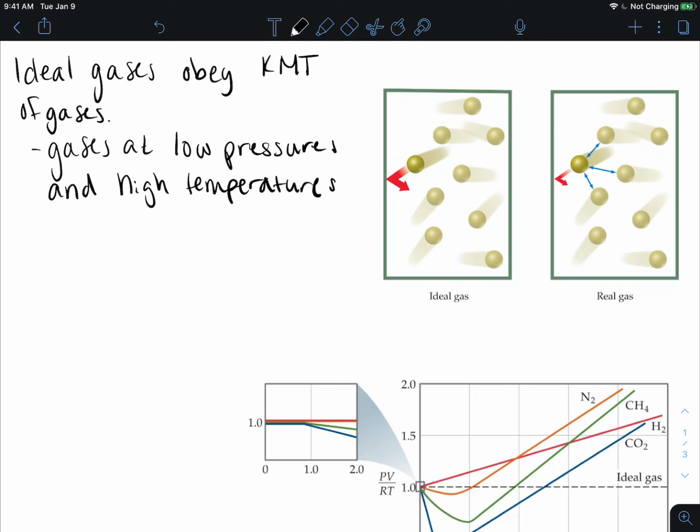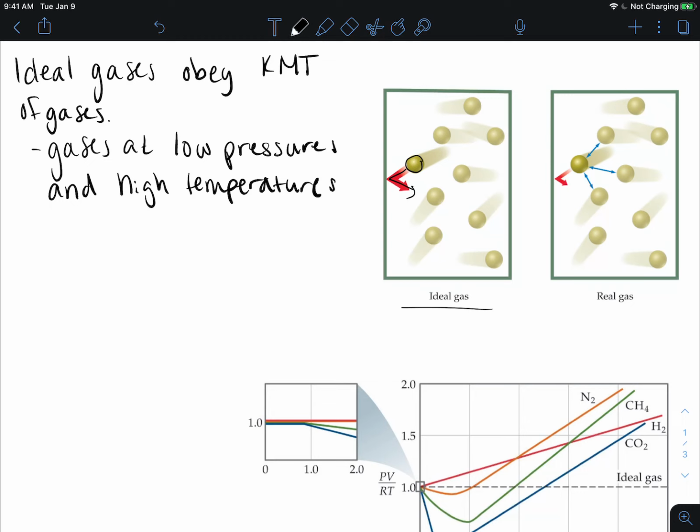In this picture, we've got a gas particle that hits the wall, then hits another particle and just keeps going. It has enough energy that when it hits something, it keeps on going. And at low pressure, our gas particles are further away from each other.